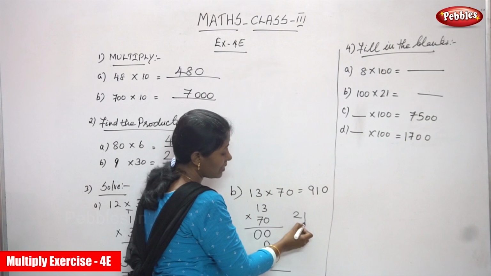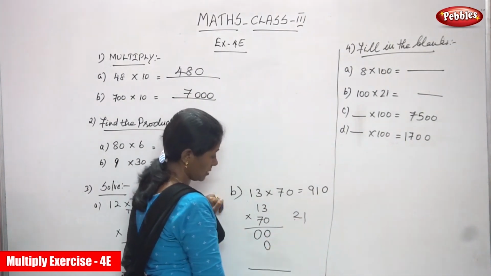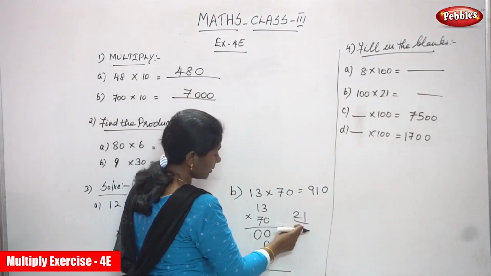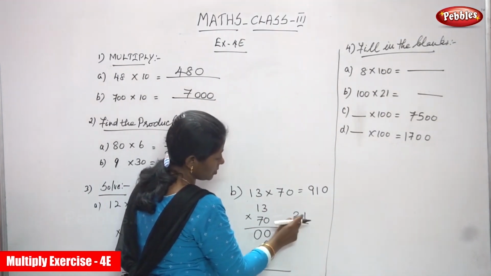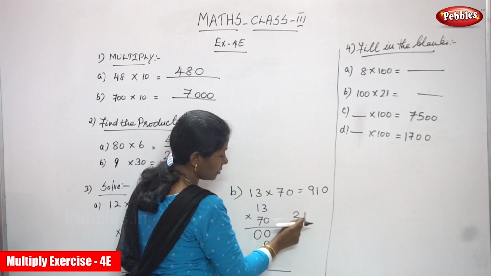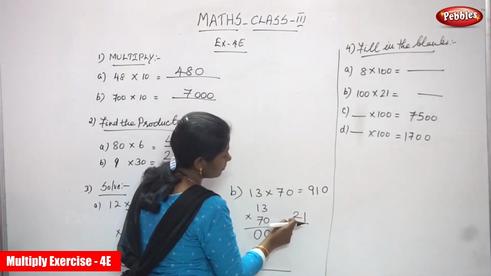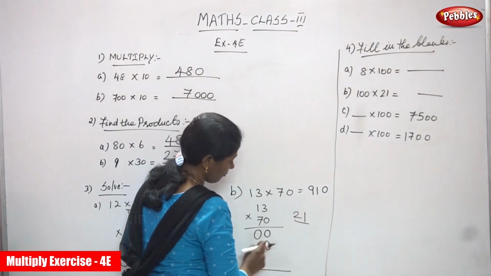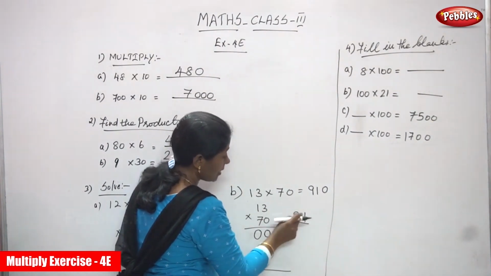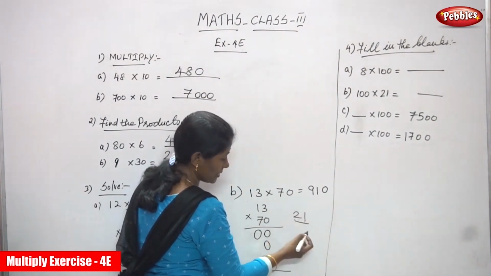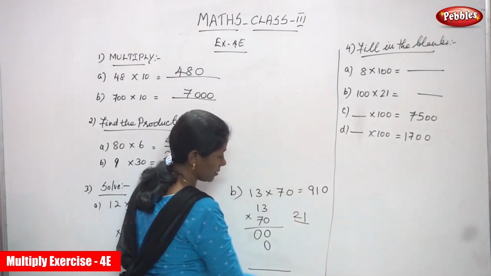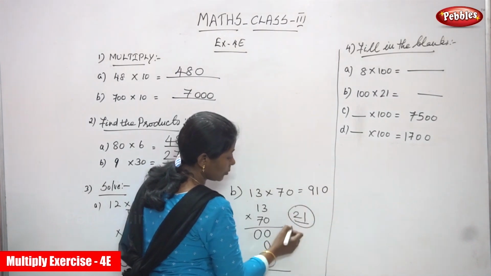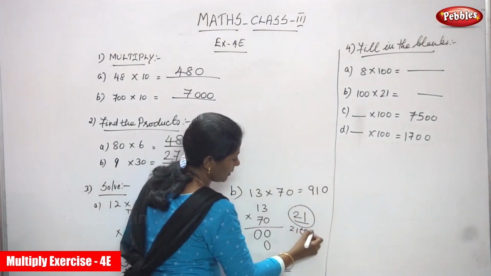21 is 1 ones and 2 tens, but because you are multiplying by 7 tens, this is called 21 tens.